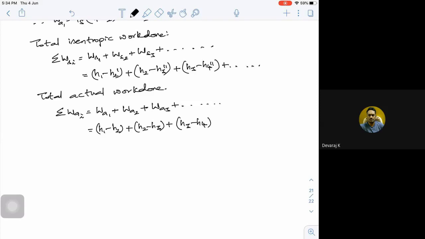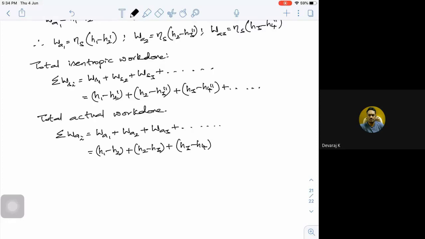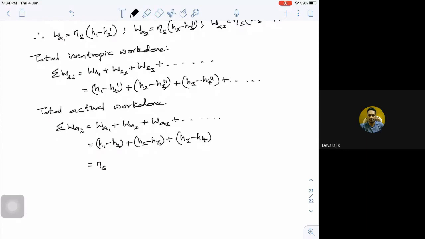Now, if I substitute in terms of the stage efficiencies, I have the stage efficiency into H1 minus H2 dash plus the stage efficiency into H2 minus H3 double dash plus the stage efficiency into H3 minus H4 double dash and so on.